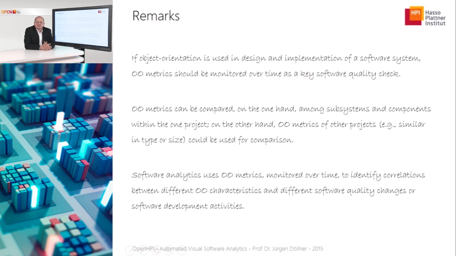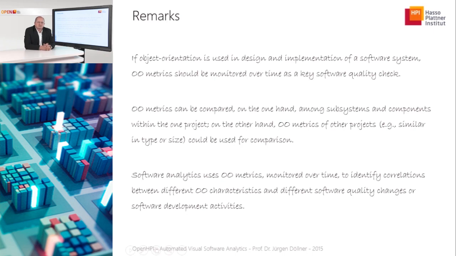Object-oriented metrics can be compared, on the one hand, among subsystems and individual components of a given software system to see how different developer teams may take advantage of different object-oriented design principles.